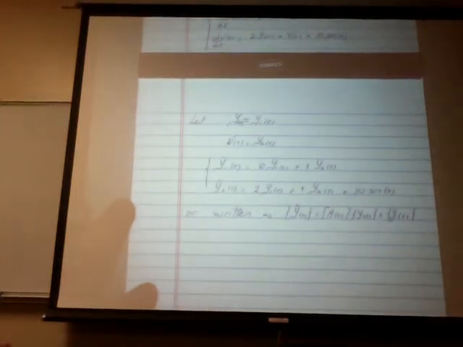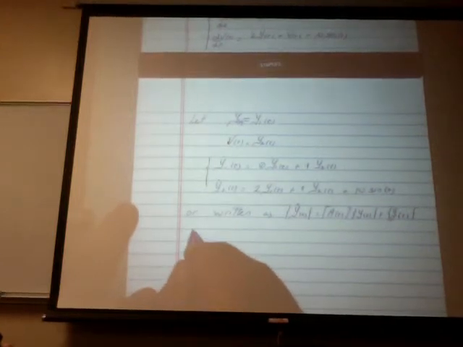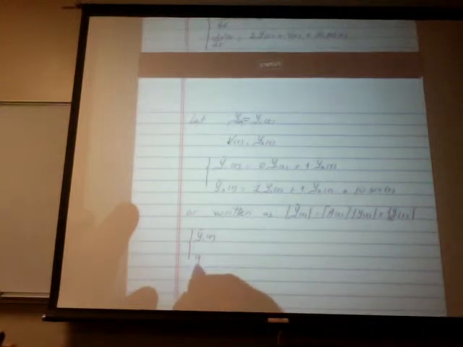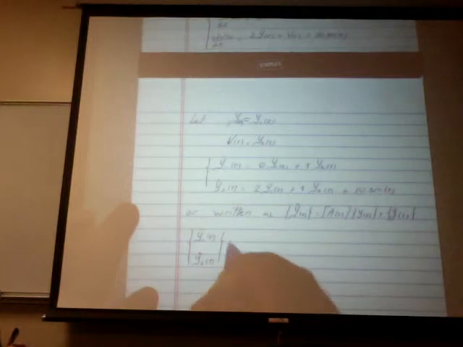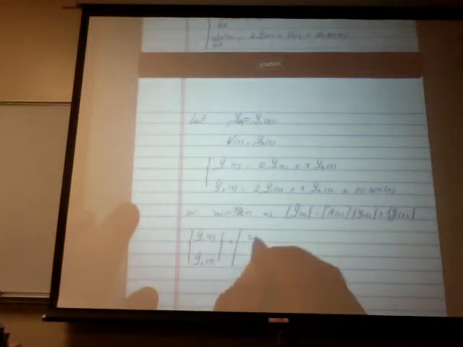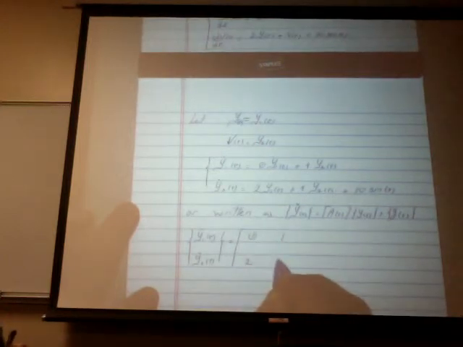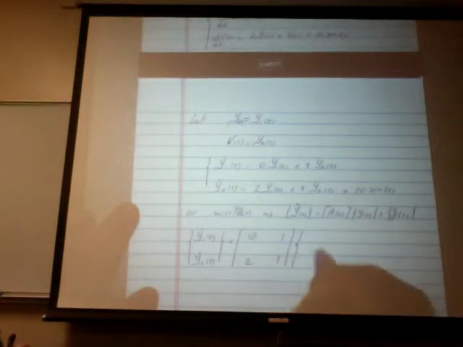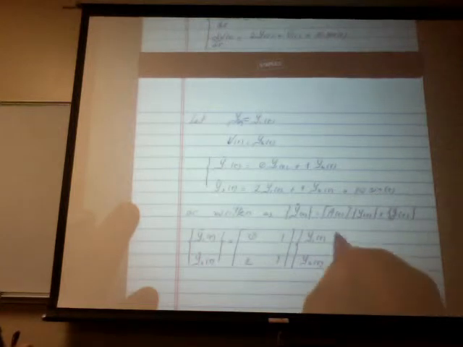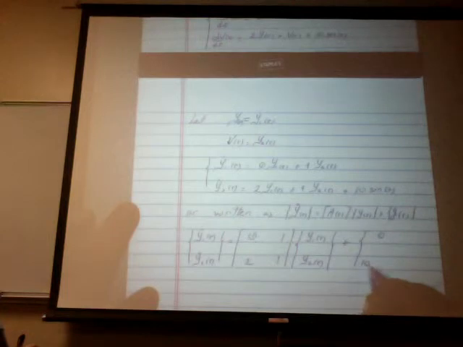This is the vector y1(t), y2(t) equals the matrix 0, 1, 2, 1 times y1(t), y2(t), plus the vector 0, 10 sine of t.